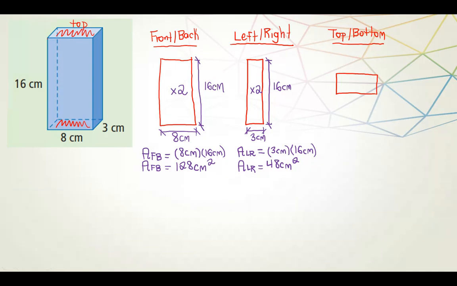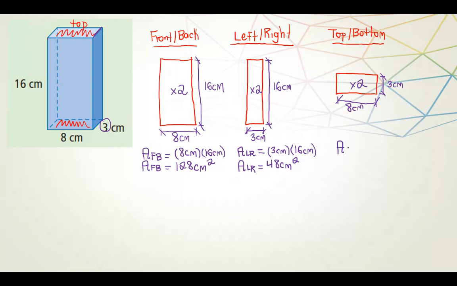Let's label the dimensions. So from the top, the length would be 8 centimeters. And then this side would have a width of the 3 centimeters you have down there. So 3 centimeters. And this face repeats twice, so let's write down ×2.